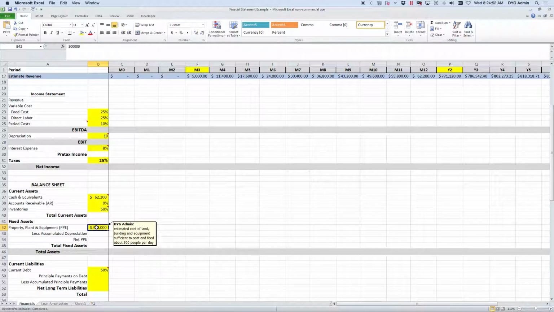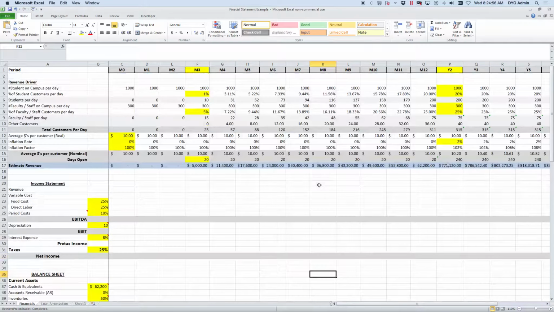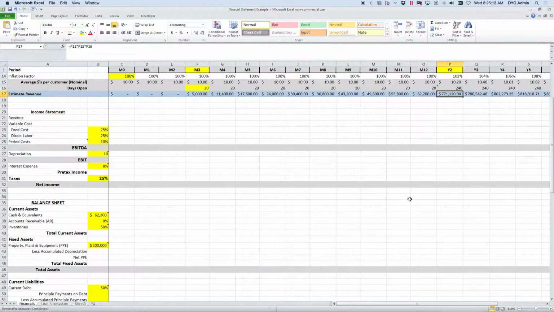Property, plant, and equipment, I put in a straight $300,000. Now, how did I get to that? What I did was basically go look at what the revenue is annually going out basically into year two, and think in terms of roughly half of that.